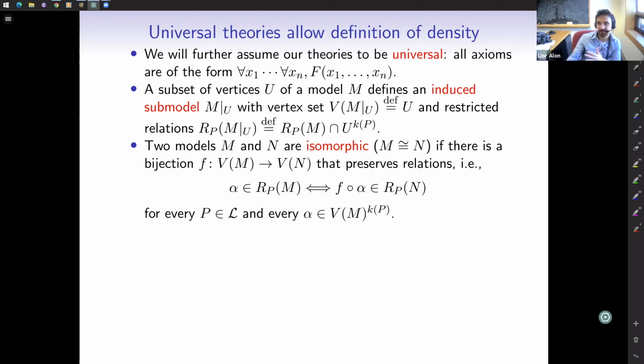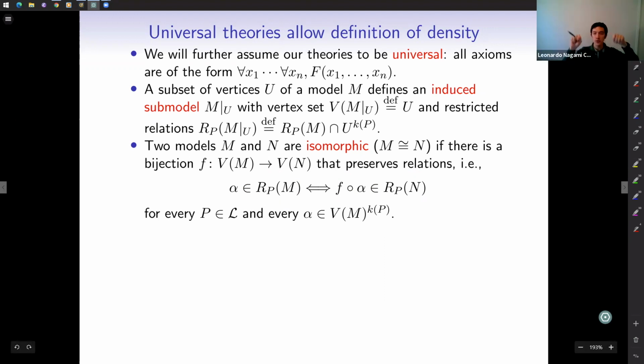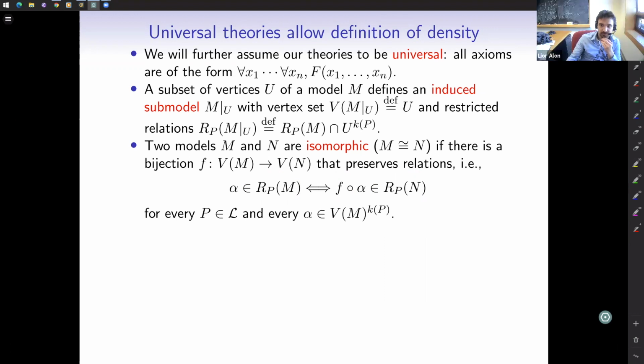R_P is the set of tuples that satisfy the predicate P, and in the case of graphs, P is E. So essentially, you're asking what pairs are adjacent.